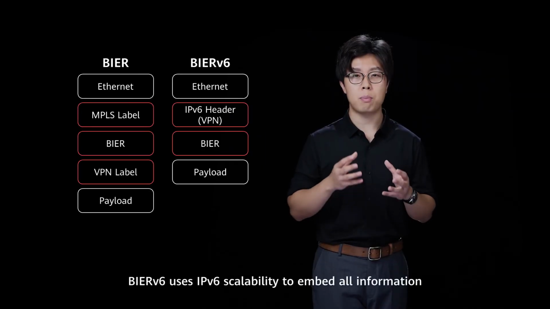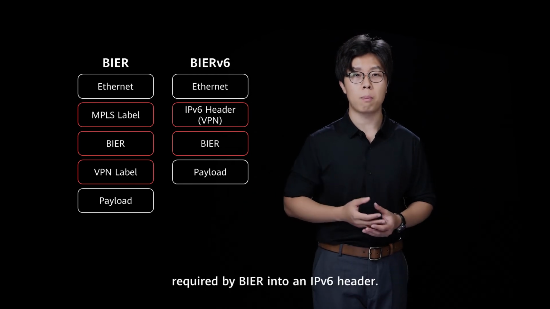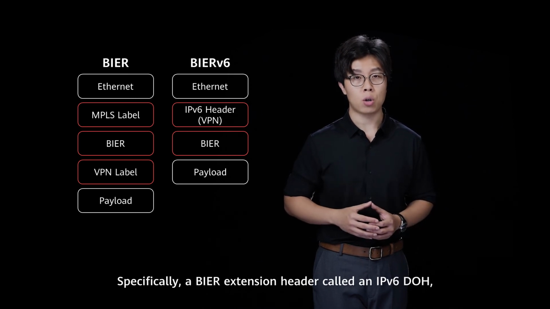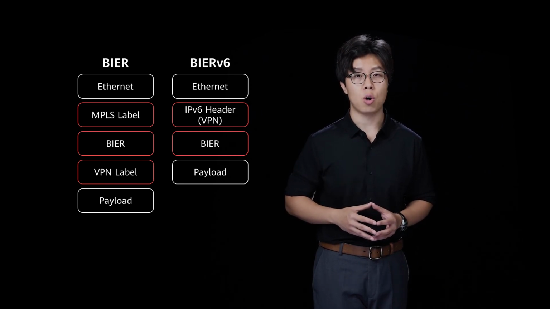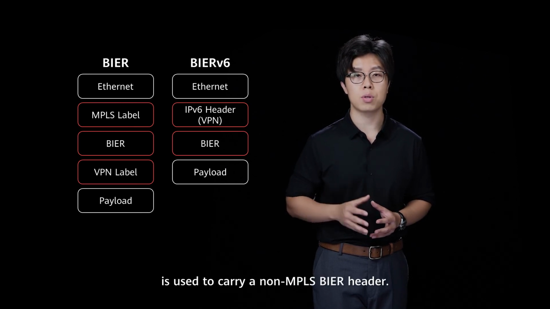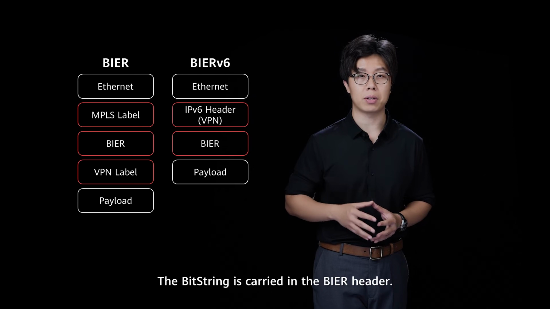BIERv6 uses IPv6 scalability to embed all information required by BIER into an IPv6 header. Specifically, a BIER extension header called IPv6 DOH, which is short for Destination Options Header, is used to carry a non-MPLS BIER header. The bitstring is carried in the BIER header.